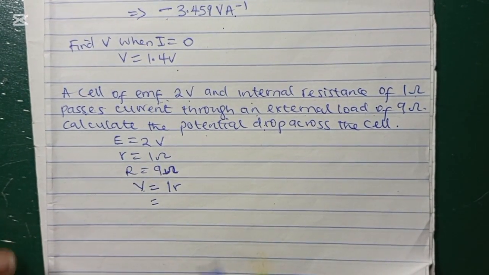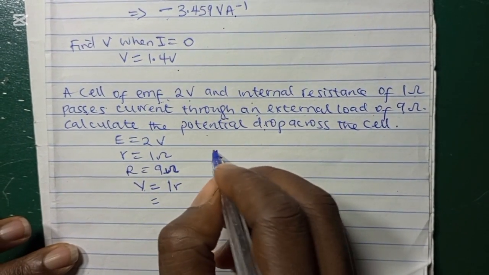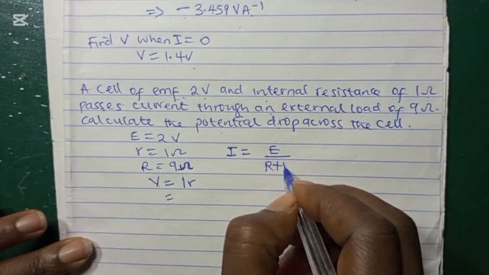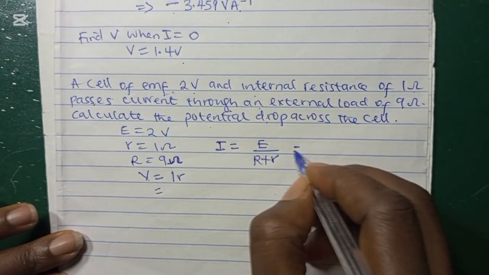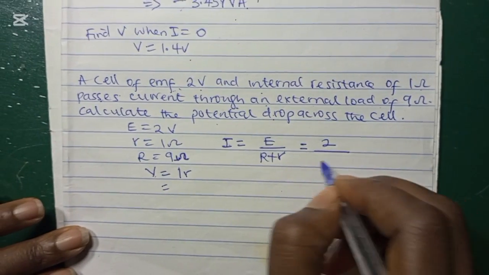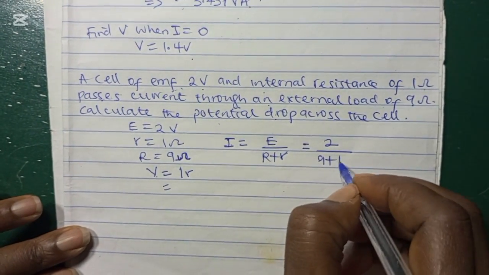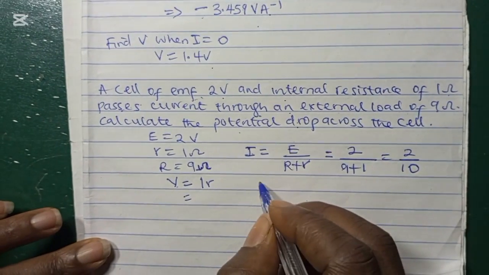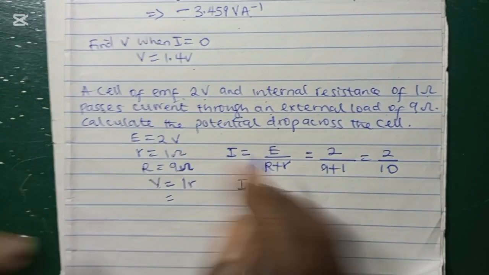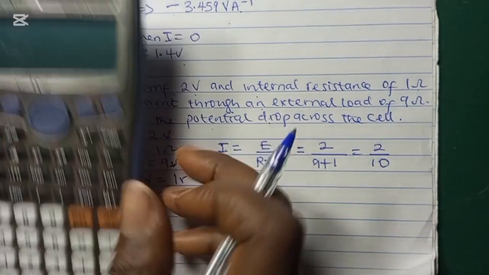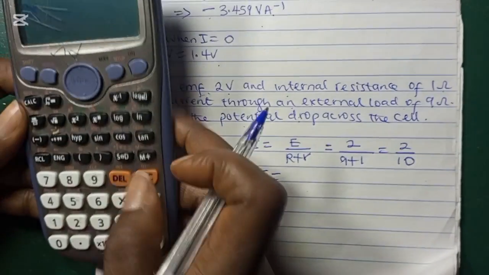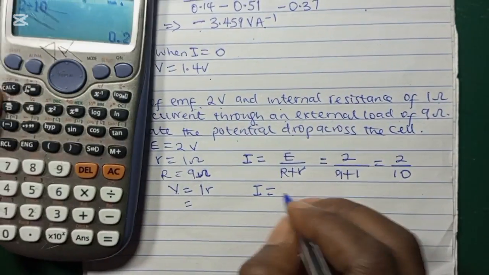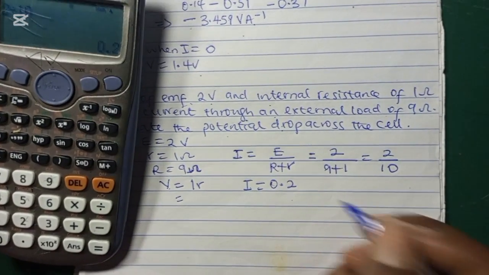Let us find the current. The current flowing in this particular circuit, I, is given by E over R plus r. So let's go. My E is 2 divided by 9 plus 1, to give me 2 over 10. So by the time you divide, I'm going to have my I to be 2 divided by 10, which is going to give me 0.2 amperes.